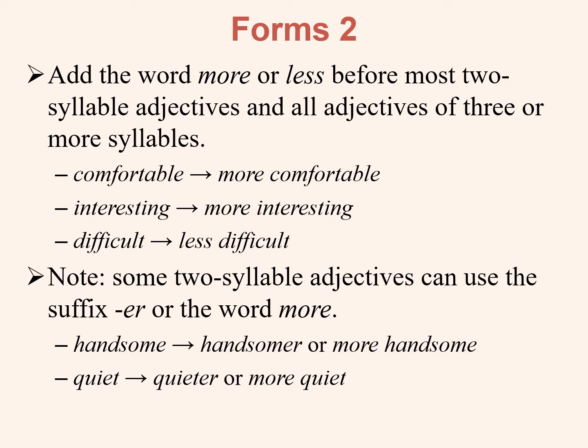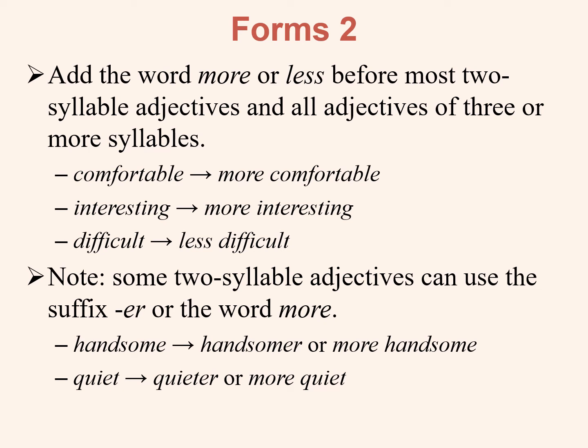Also, as you can see on the slide, there are some two-syllable adjectives that can use either the suffix er or the word more. So with a word like handsome, you can say handsomer or more handsome. With the word quiet, you can say quieter or more quiet.